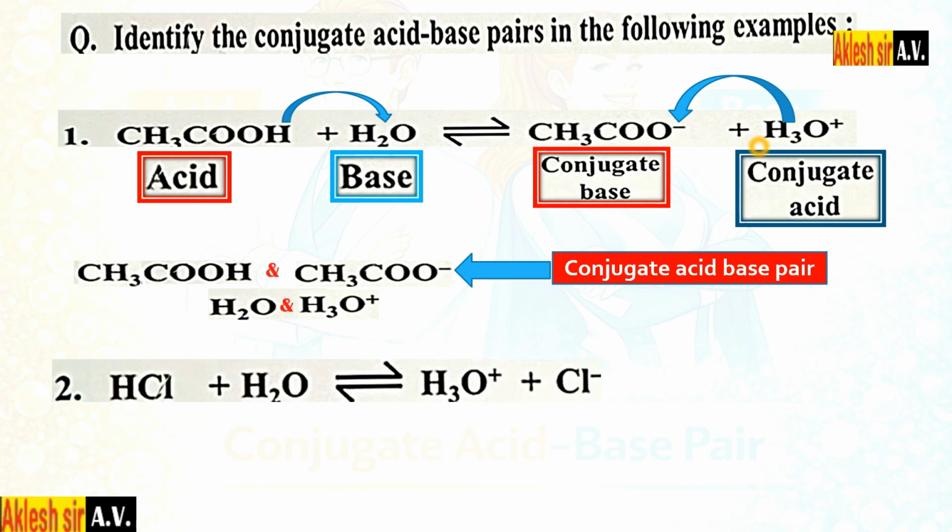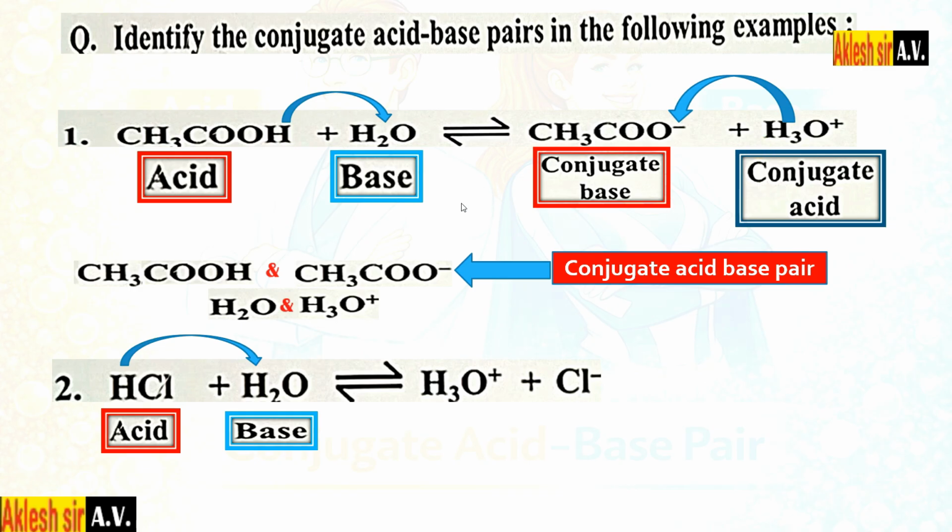Okay, next example, HCl reacts with water to give hydronium ion plus Cl minus. Here HCl is donating the proton to the water molecule. So HCl is acting like an acid and water is acting like a base because it accepted the proton.